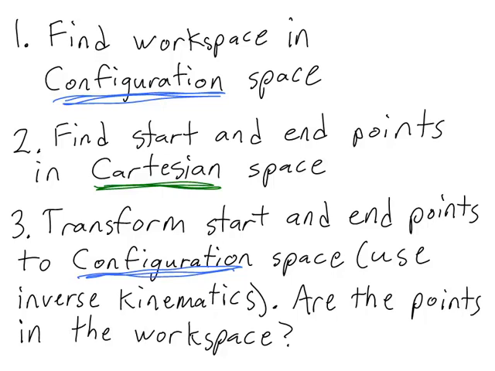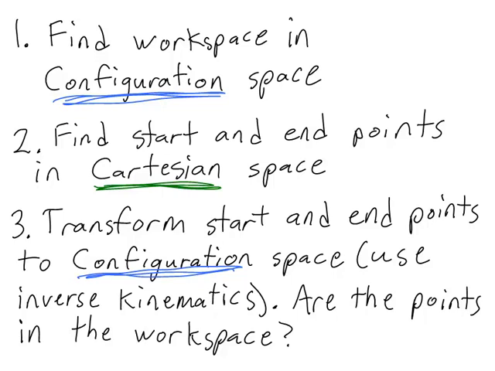So you need to make sure that these start and end points, which you defined in Cartesian space, do in fact lie within the space that you've identified as your workspace in the configuration space. If not, you want to stop here because your robot is not able to perform the task that you're trying to get it to perform.